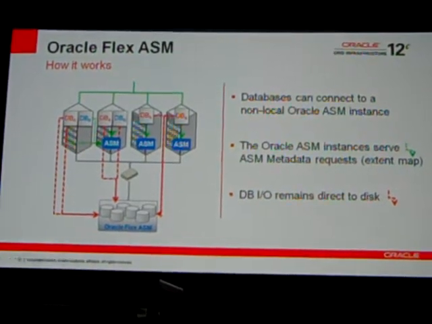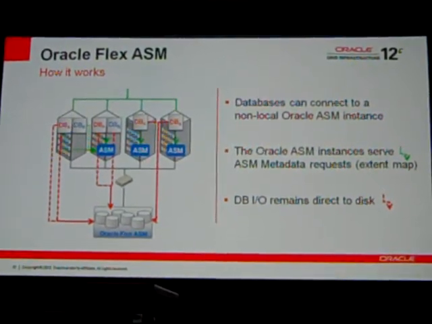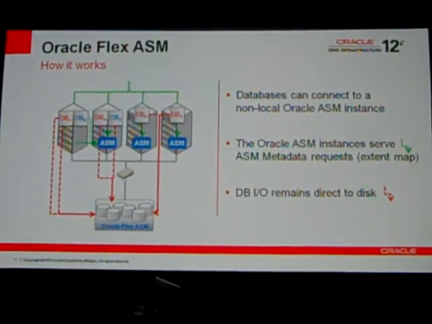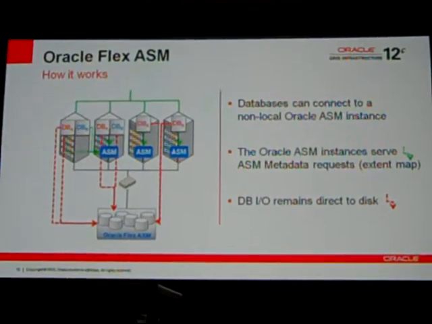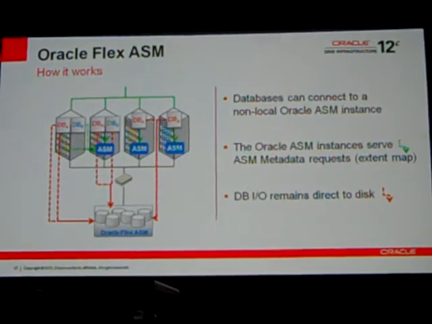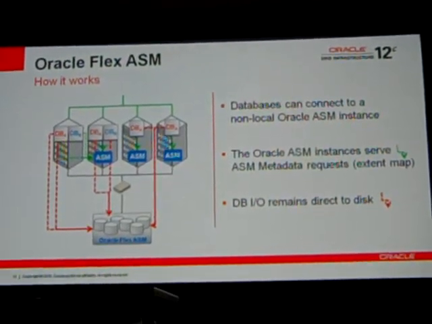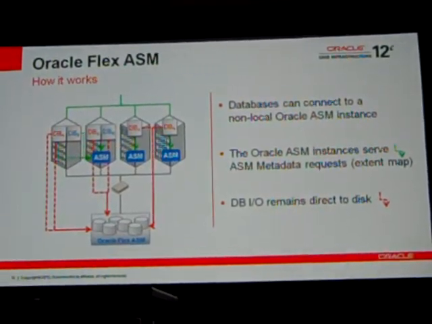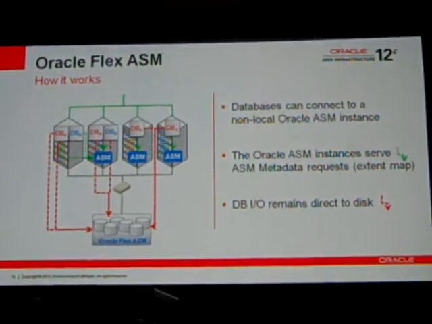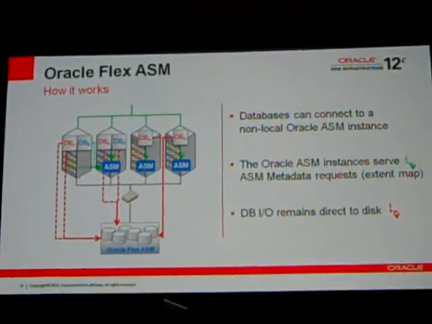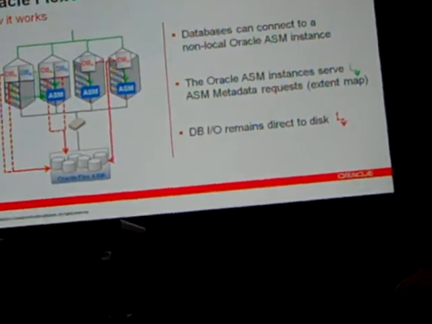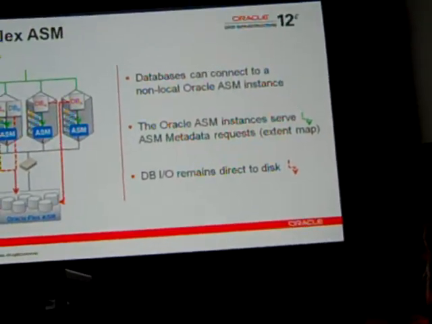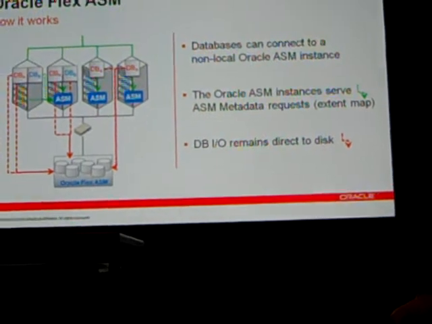Instead, an ASM instance can be envisioned as a volume management driver. And all it does is it maintains extent maps that the database instances need to know where to write the data to. So when a database instance starts up, it asks the ASM instance to tell it the current extent map, and then for any subsequent I/O from the database to disk, unless it extends storage, it would not require ASM.